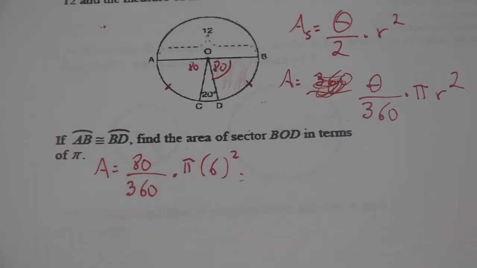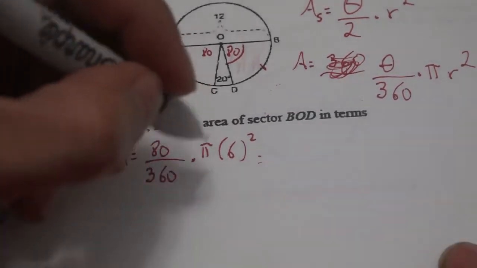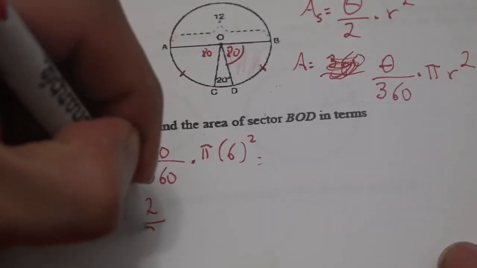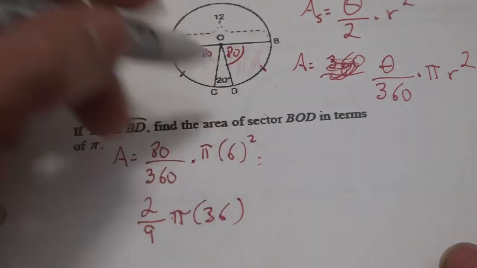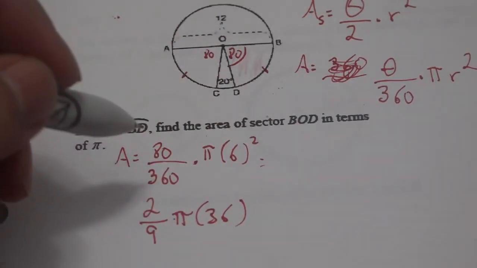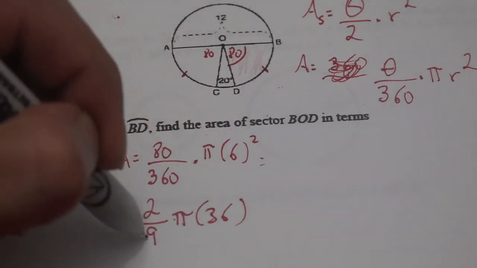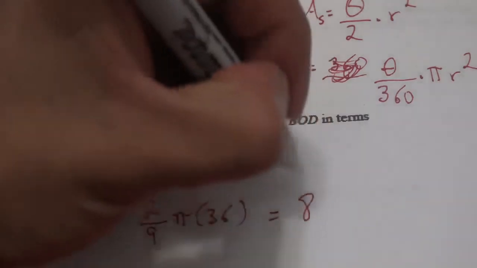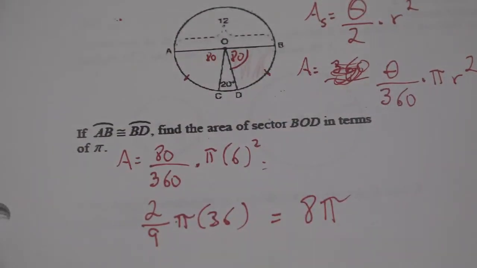So 80 over 360 is 2 over 9, times pi times 36, which is 6 squared. 36 times 2 is 72, divided by 9 is 8. So this is equal to 8 pi. So the area of the sector BOD in terms of pi is 8 pi.